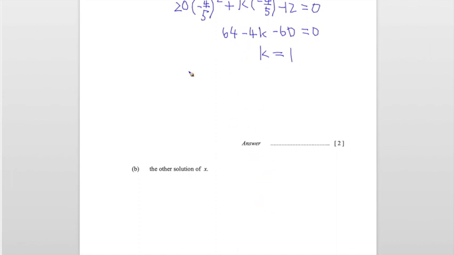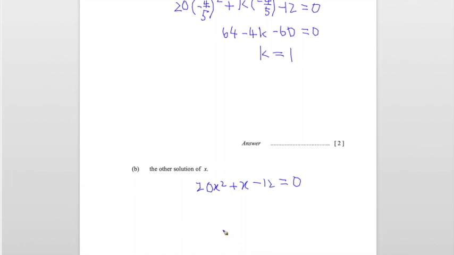Now we know the value of k, so the equation is now 20x squared plus x minus 12 equals 0, since k is 1.